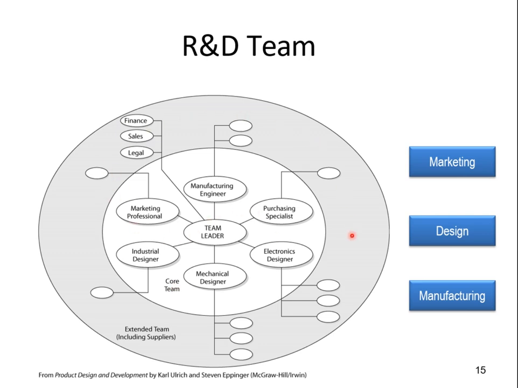We still have another circle outside, which is the extended team, including, for example, the finance, the sales, and the legal, which handle things like patenting, providing the research funds, and also providing the future buyers. So the main process is marketing, design, and manufacturing.